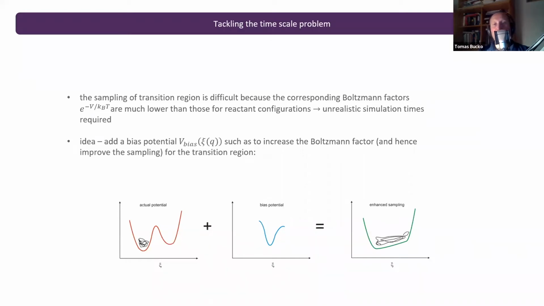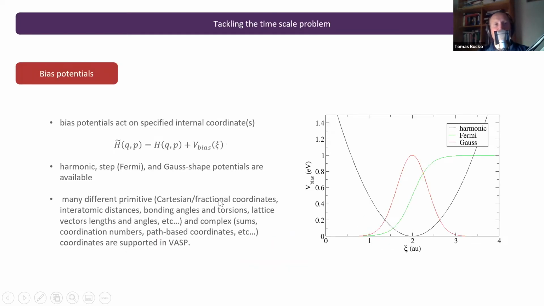This would be a diffusion-like process. You would easily sample between reactant and transition and product. Okay, so bias potential, I need to say something about that. This is an extra potential defined by the user, and it's defined to act on some specified internal coordinates.